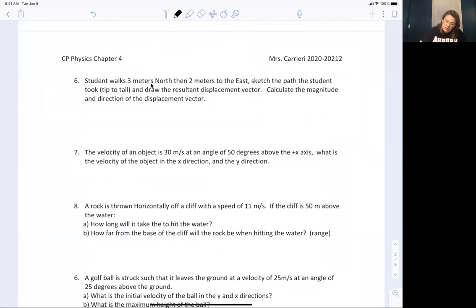A student walks 3 meters north, then 2 meters east. Sketch the path and draw the resultant displacement vector. So it goes 3 meters north, 2 meters east. Sketch the path, which I did, and the resultant vector. Start at the beginning, go to the end. Calculate the magnitude. So I'll call that A equals question mark.